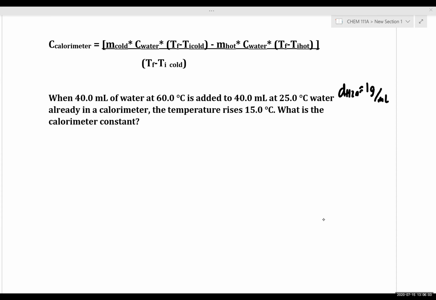Yep, 60 degrees is correct for the hot water, 25 degrees Celsius is correct for the cold water. Just keep in mind that I said that the temperature rises 15 degrees Celsius, not that the final temperature is 15 degrees Celsius. So try to dissect what that phrase means, as this is really important to determining your final temperature.